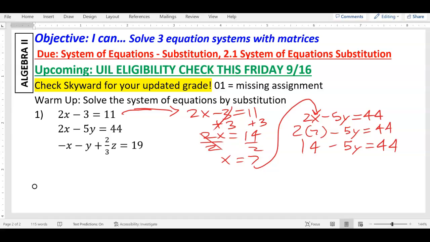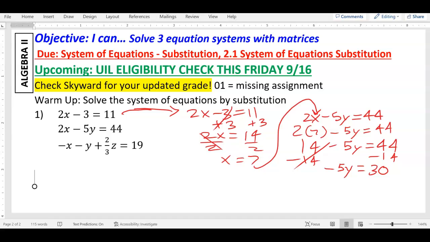Now, if I'm solving for y, what do I need to get rid of first? 14, the loner. How do I get rid of a positive 14? Subtract that 14 from both sides. Correct. Careful, what do I bring down? Negative 5y. Don't forget the sign. 44 minus 14 is 30.